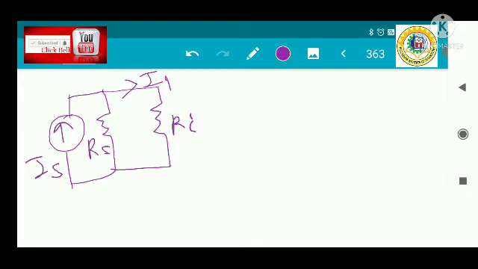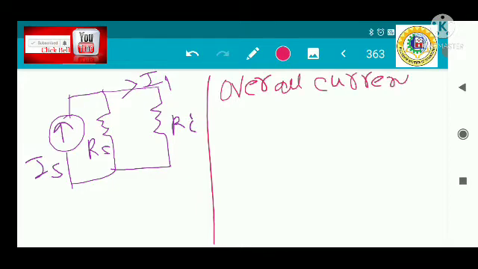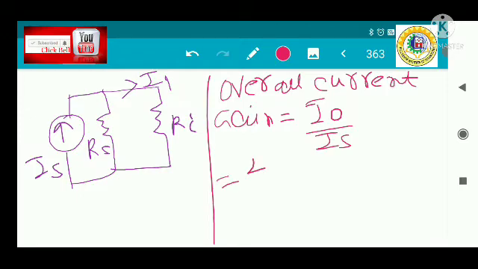So the overall current gain, in the same way as we calculated the overall voltage gain, is I0 divided by Is, and it can also be written as I0 divided by I1 into I1 divided by Is.